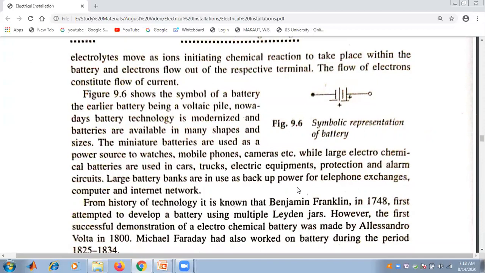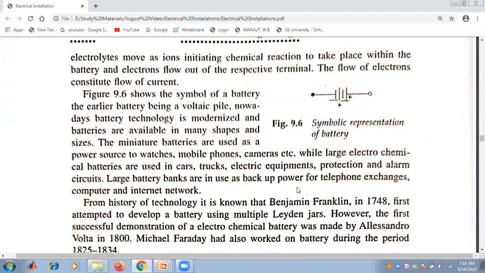As the days go on, the technology is being modernized and the battery is available in many shapes and sizes.